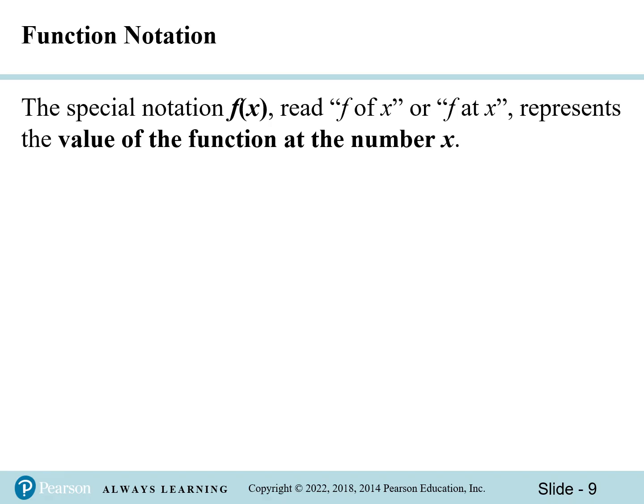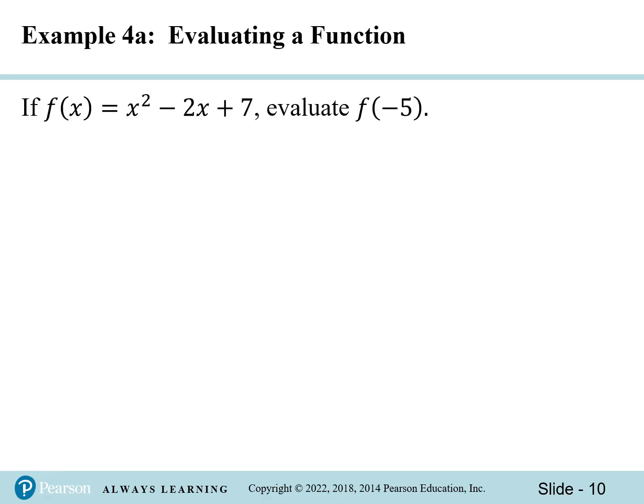Function notation. This special notation, f of x, reads f of x or f at x, and represents the value of the function at the number x. So we're going to evaluate. If f of x equals x squared minus 2x plus 7, evaluate f of negative 5. For f of negative 5, just substitute negative 5 in everywhere you see x.